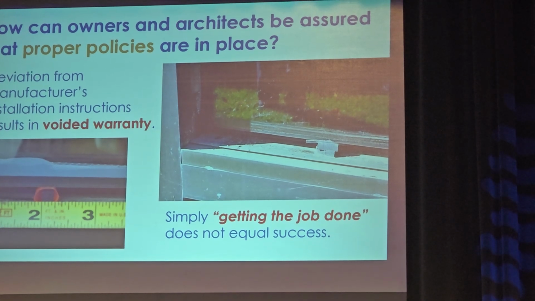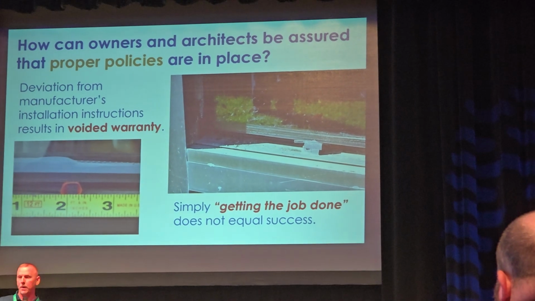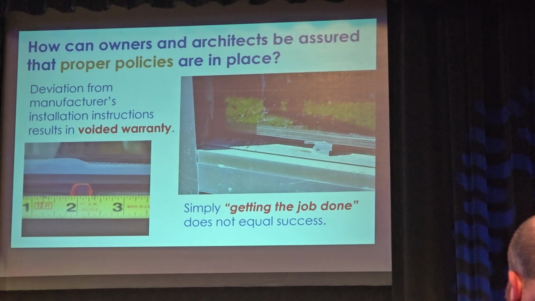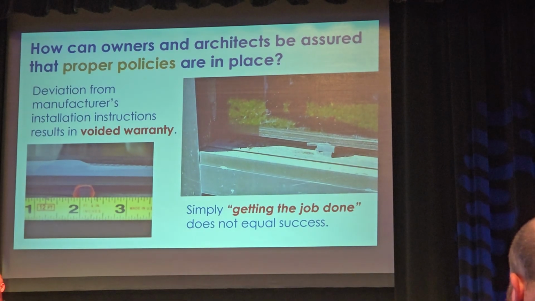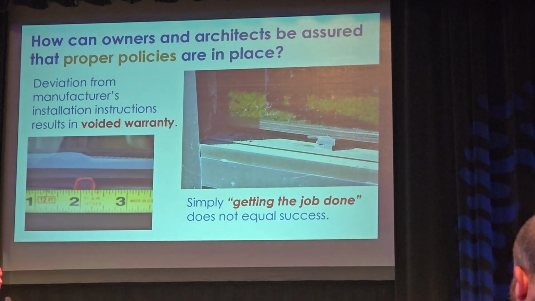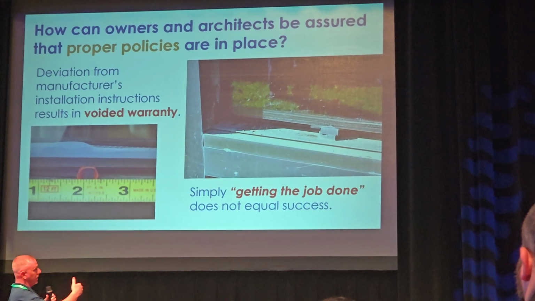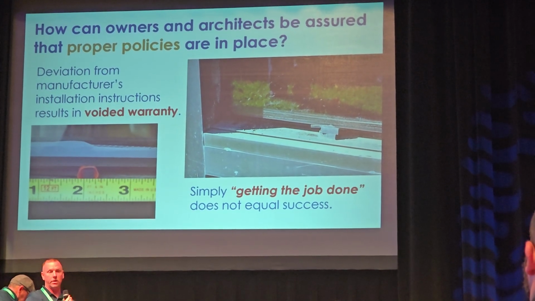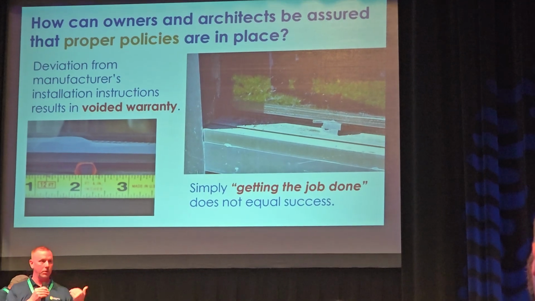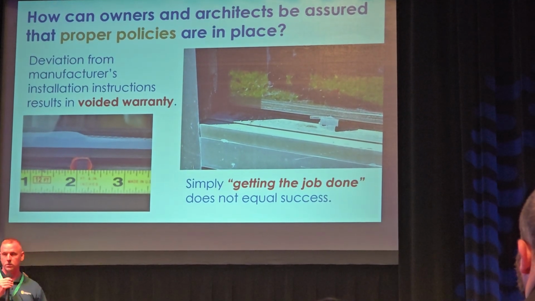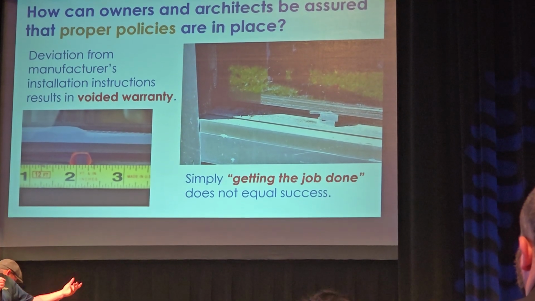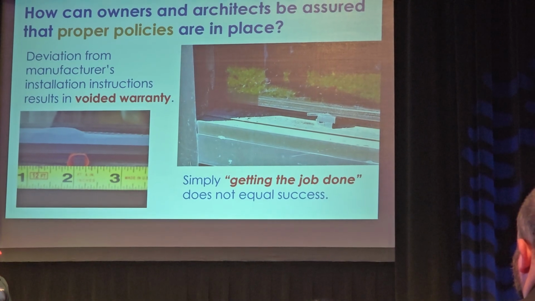There's a lot of times you'll see a setting block that's pushed back too far, whether it's a curtain wall or a storefront system, and dealing with an IGU, an insulated glass unit, you have inner and outer lights on each side of the spacer, and if that setting block isn't all the way out to the exterior, we all know that outer light will eventually slide down due to gravity, which could cause leakage or breakage.